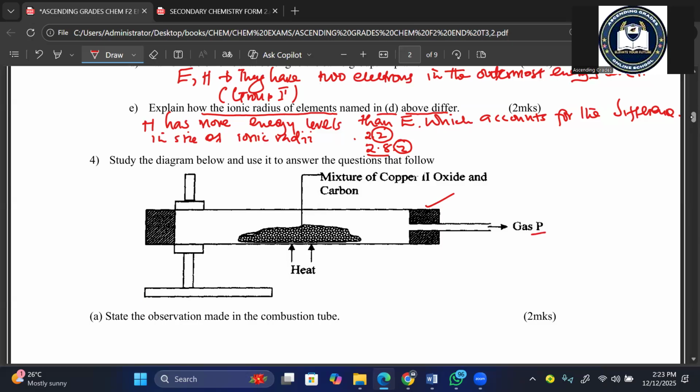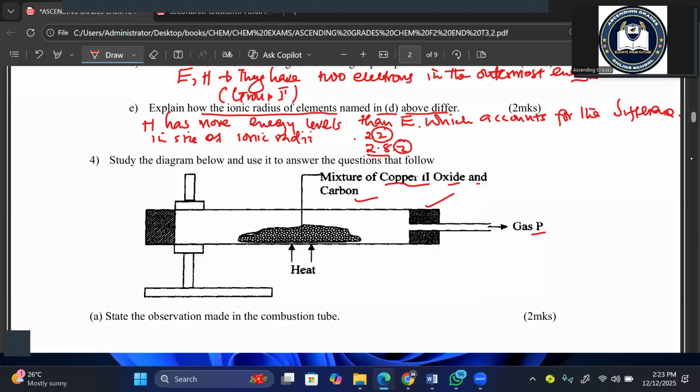We have a mixture of copper 2 oxide and carbon. State the observation made in the combustion tube.